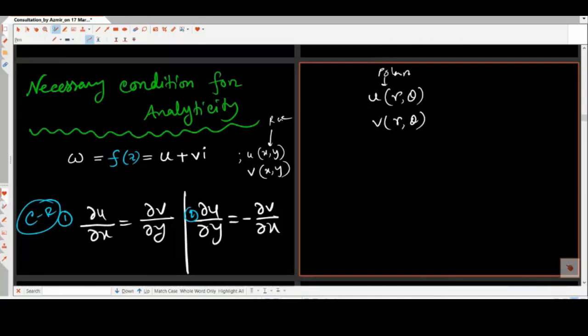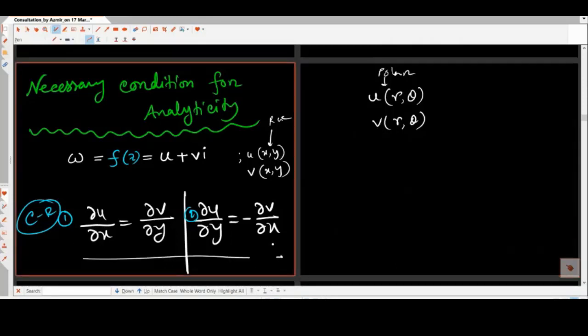Depending on these two concepts, we have Cauchy-Riemann equations in rectangular form. We also have Cauchy-Riemann equations in polar form. But for now, we are discussing Cauchy-Riemann equations in rectangular form, where u and v are functions of x comma y.